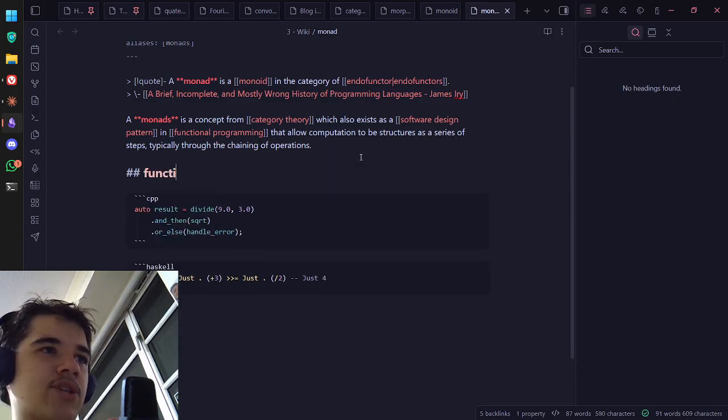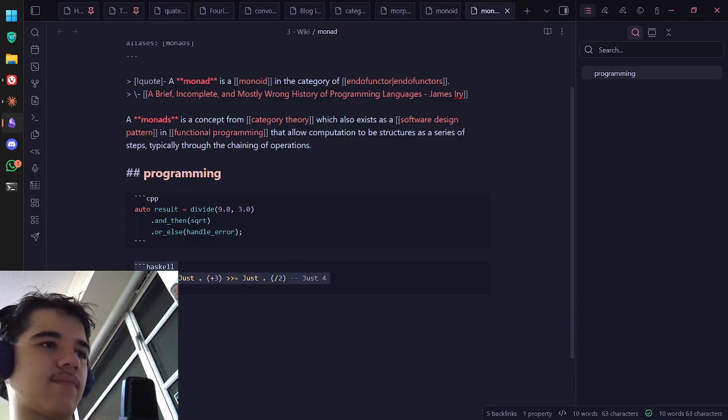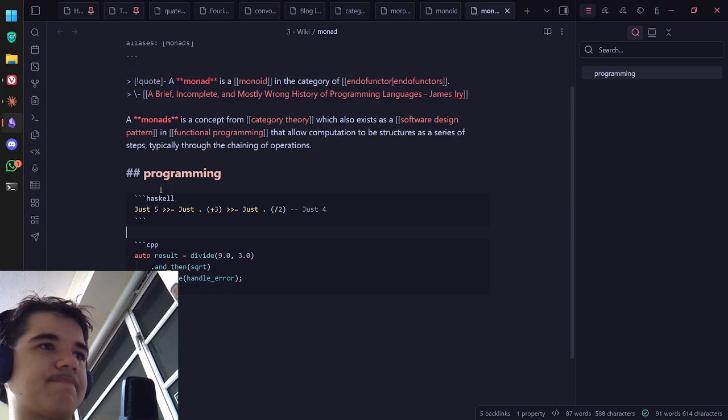I'll put this in its own section, functional programming, or rather just programming, or even computer science. Well, I'll say programming. And this should come first.